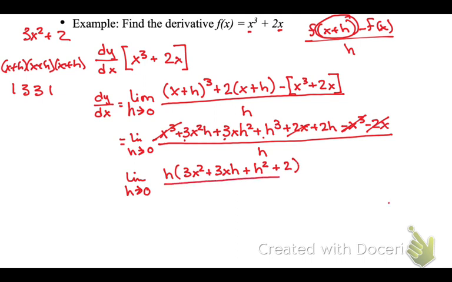All over h. Now the h and the h reduce. Okay, now we're ready to do the limit as h approaches 0.